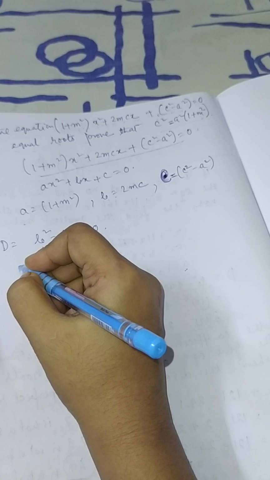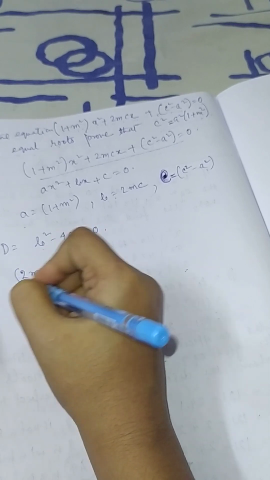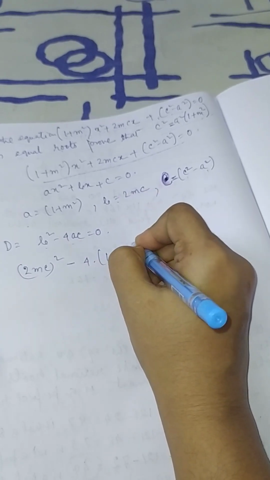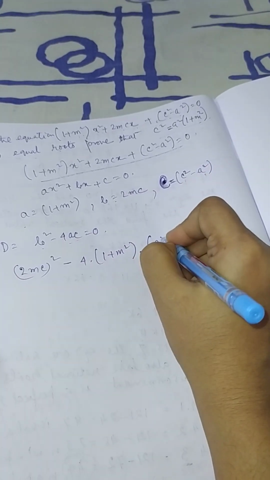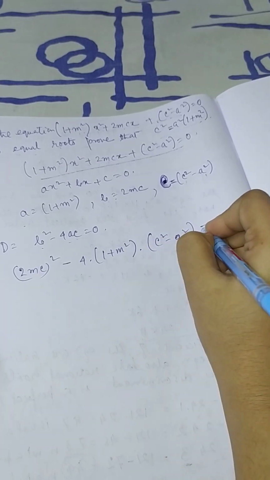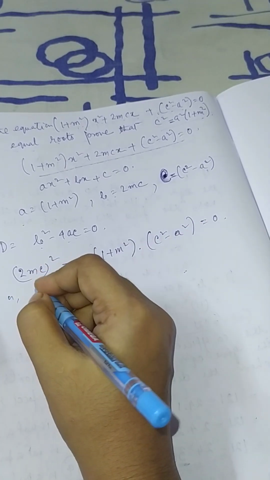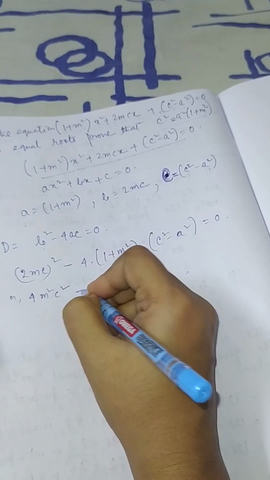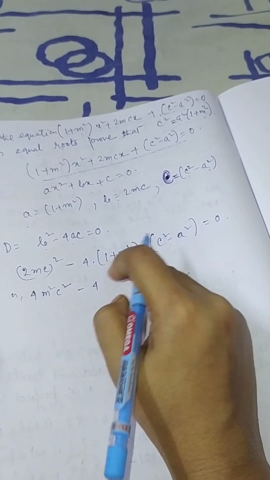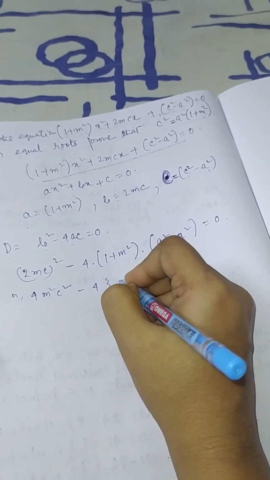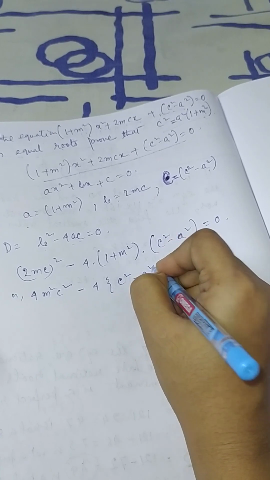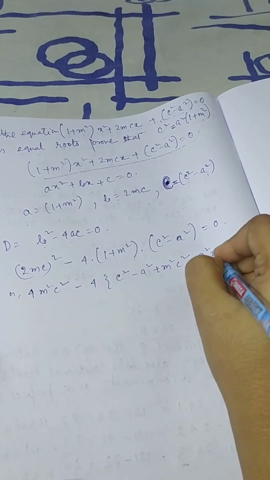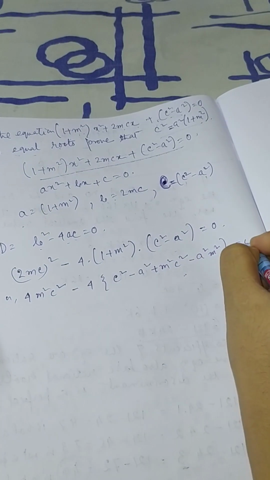So in place of b square, I am putting (2mc) whole square minus 4 into a, that means (1 plus m square), in place of c, I am putting (c square minus a square) is equal to 0. So it will be 4m square c square minus 4 into, I am just multiplying both parts, so c square minus a square plus m square c square minus a square m square, right?